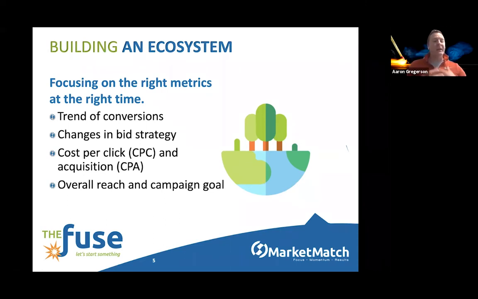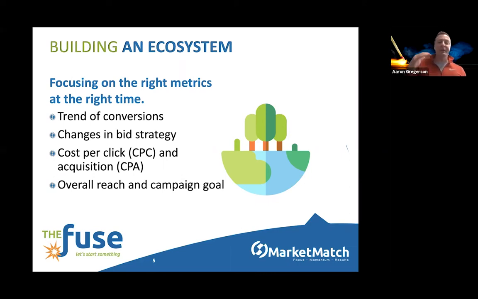And where can we make changes in our bid strategy so that we are focusing our energy and our budget in the right place to achieve those conversions? I'm also taking a look at things like what's our trend for cost per click and cost per acquisition. And I'll tell you a little bit more about the timeline for all of these, but those two metrics are, of course, very, very important as we look at cost control and budget control for our digital campaigns.